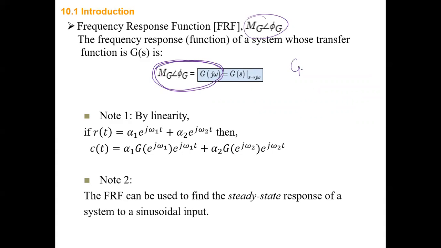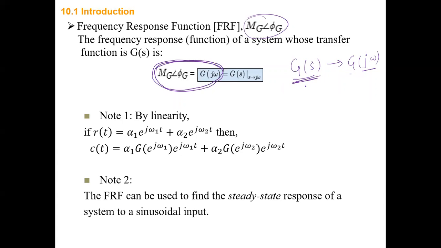Suppose you are given G(s). Then how do you find G(j omega)? That's the conclusion of this discussion so far. If you are given G(s), how do you find the frequency response of this G(s)? It's very easy. Simply change your s to j omega.